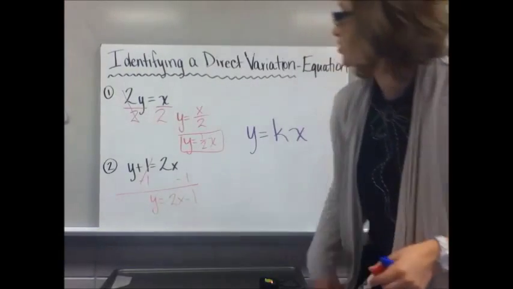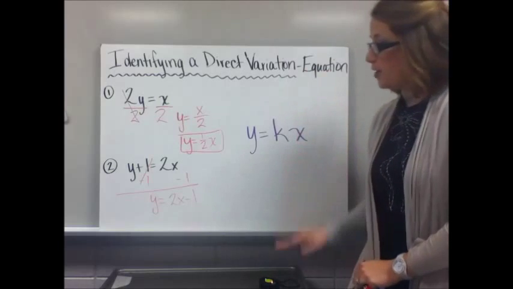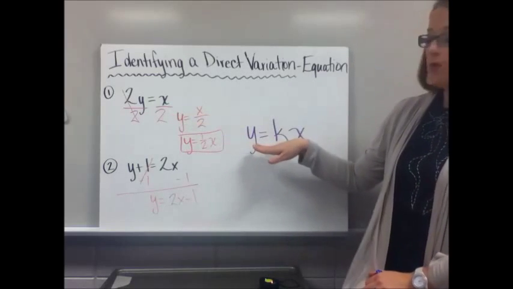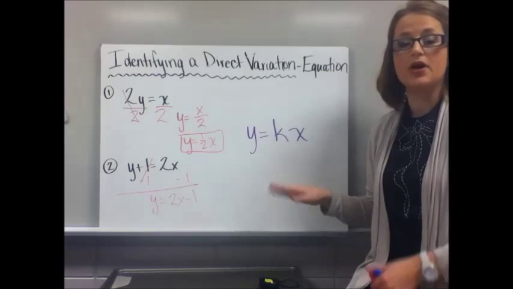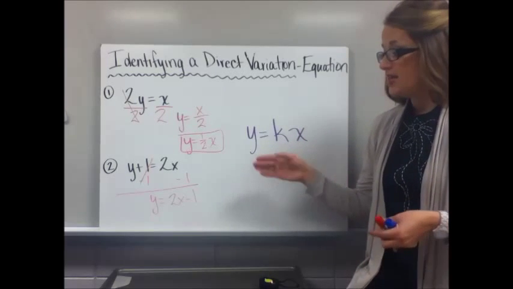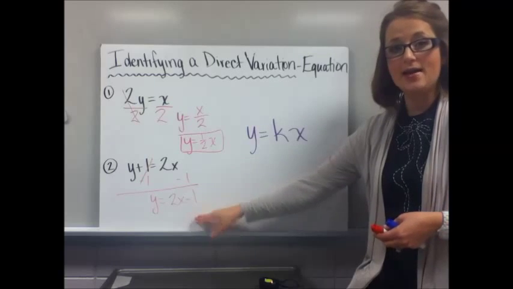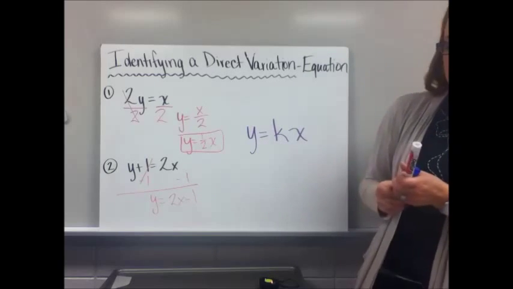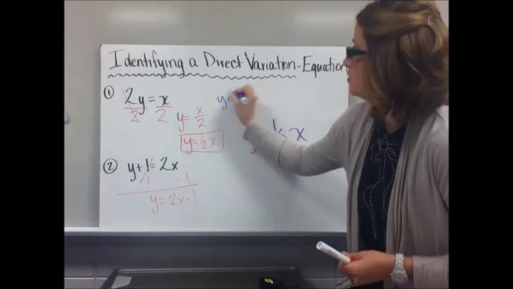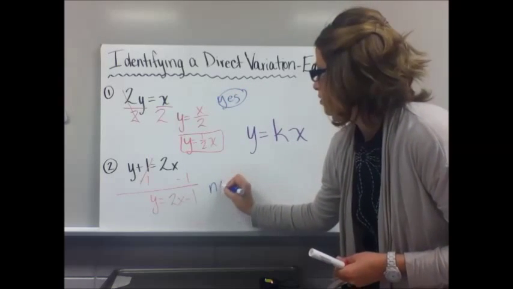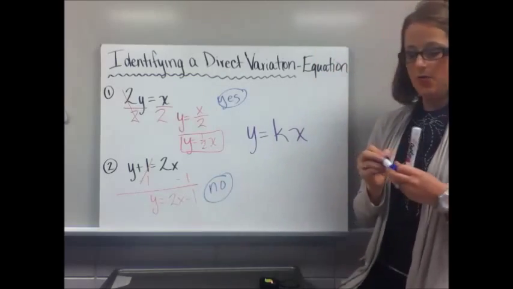So to identify a direct variation in equation form, you solve for y, you try to get y by itself and see, is the x being multiplied by a number? Yes or no? And if it is, make sure that there is not any adding or subtracting on the end of it. So number 1, yes, would be direct variation. Number 2 would be no.